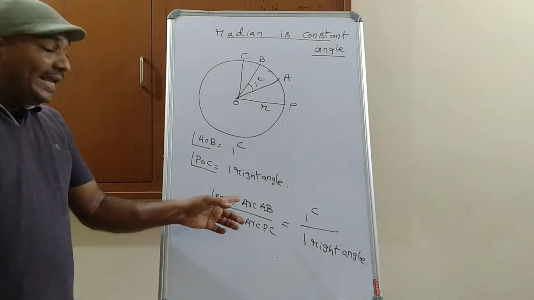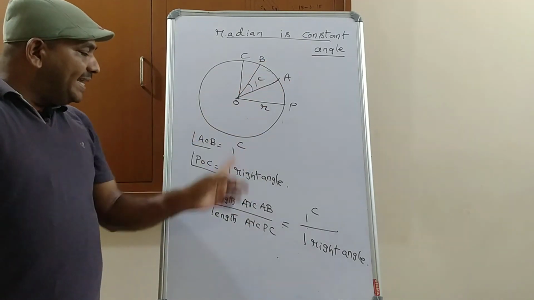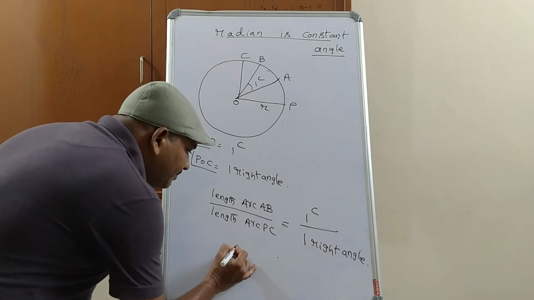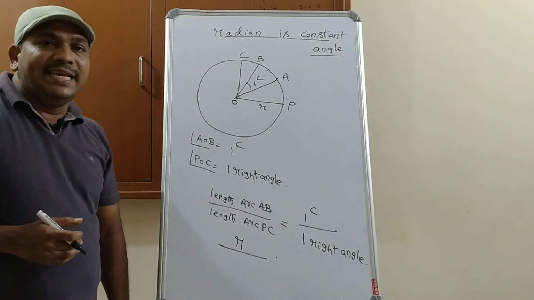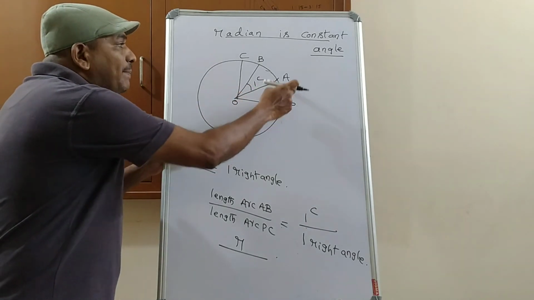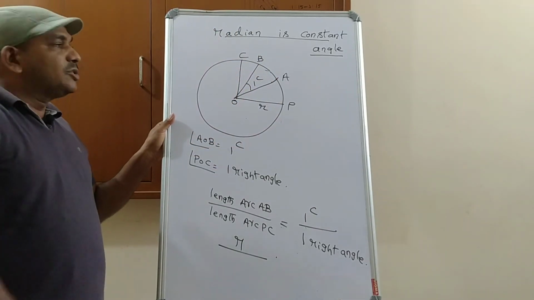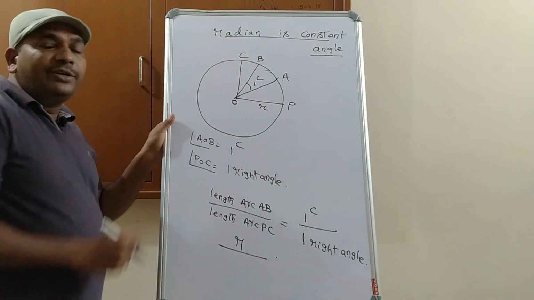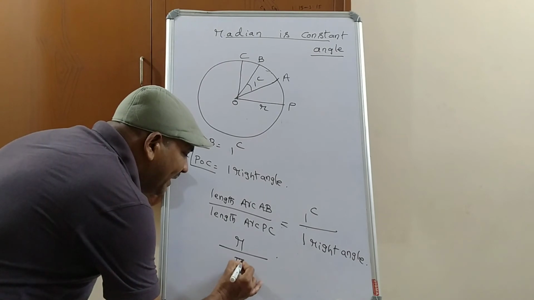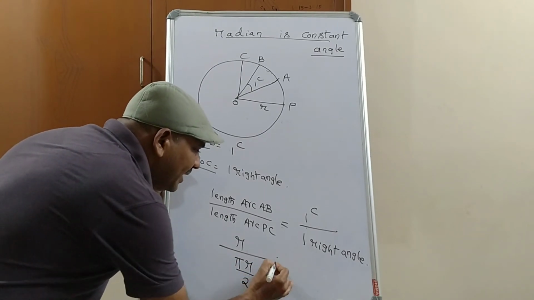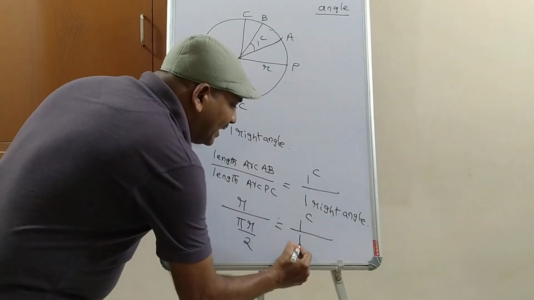But length of the arc AB is radius, that is R, by length of the arc PC is 1 by 4 of the perimeter of the circle. So 1 by 4 into 2 pi r, that means pi r by 2, equals 1 radian by 1 right angle.